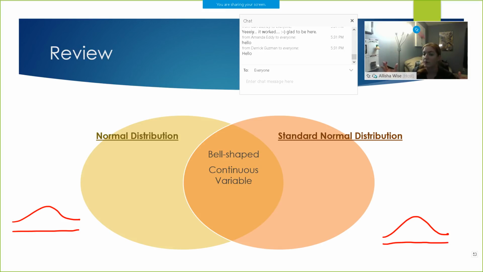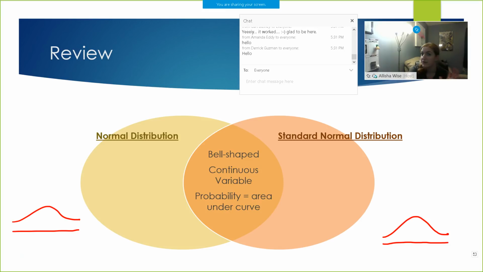Infinite number of options. And to find the probability, we had to find the area underneath the curve. So finding that area underneath the curve gave us the probability. We didn't use calculus, right? We used that norm.dist function in Excel. That's what we used to find probability.